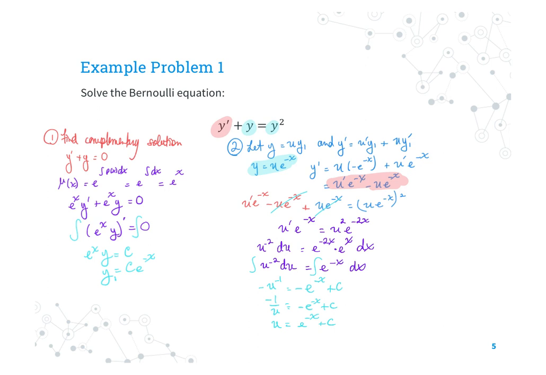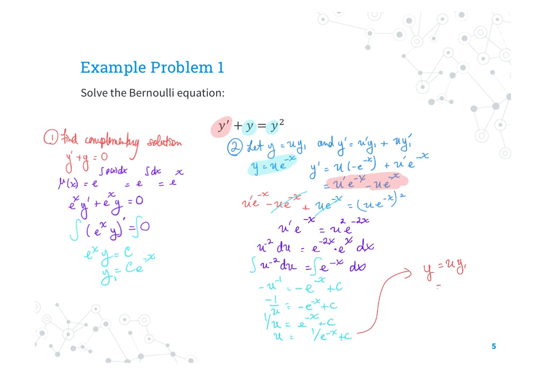Oops, sorry, 1 over u is that. And so that tells us then that u is 1 over e to the negative x plus c. So now that we know that, our very last step is to say, okay, then I know that y equals u times y1.